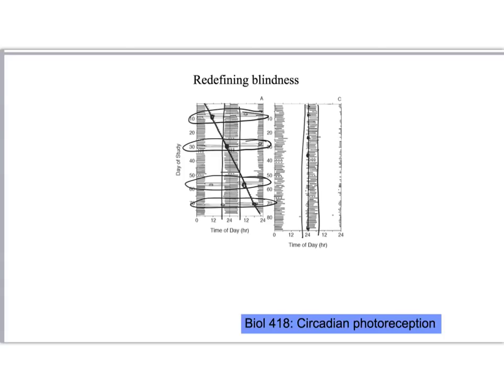So this clearly indicates that one patient is entrained to the light-dark cycle, or to something, maybe not the light-dark cycle, but definitely entraining, and the other patient is not.